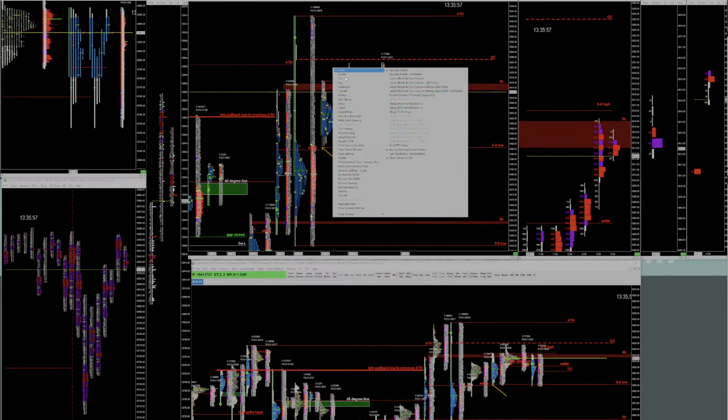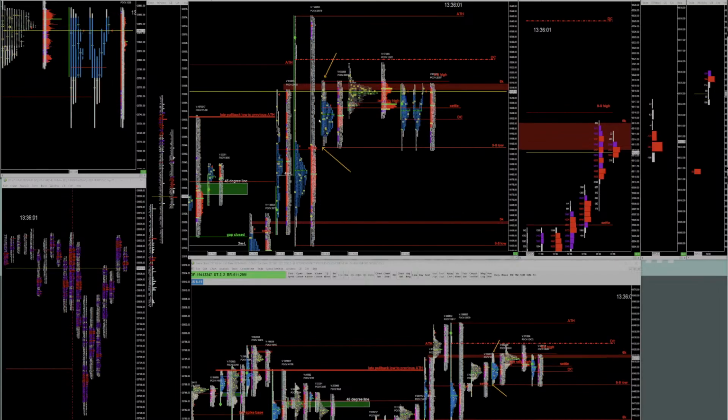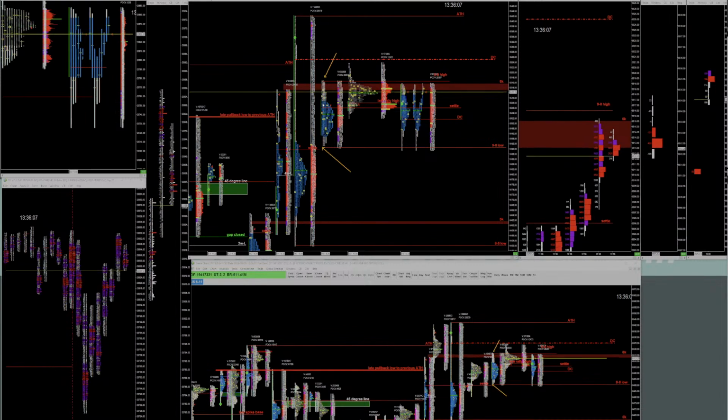At this high. The potential of a sequential trade was there. What is a sequential trade?